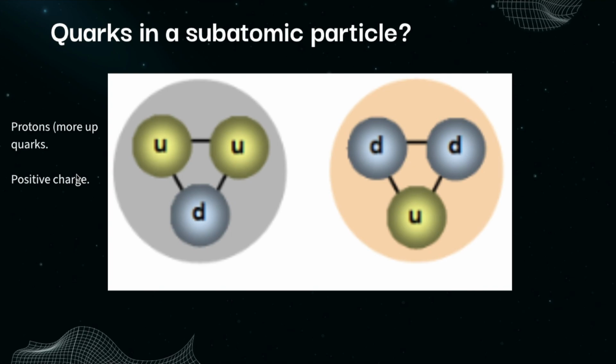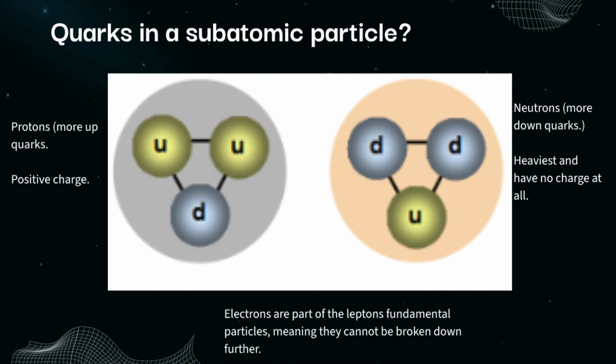And here on the right, we have the neutron, which has 2 down quarks and 1 up quark. This is the heaviest of all the subatomic particles, but it has no charge at all. That's why it's called neutron, because it's neutral. And as we already said earlier, electrons are part of the leptons, fundamental particles, so they cannot be broken down any further.